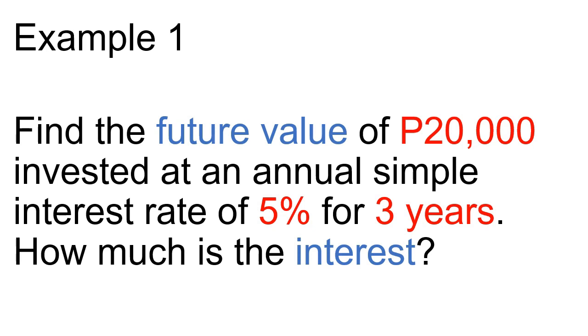Here, we will be solving for the future value of 20,000 pesos invested at an annual simple interest rate of 5% for 3 years. This problem is also asking for the interest, so it is asking for two things, future value and interest. What are the given? The 20,000 pesos, the 5%, and the 3 years.